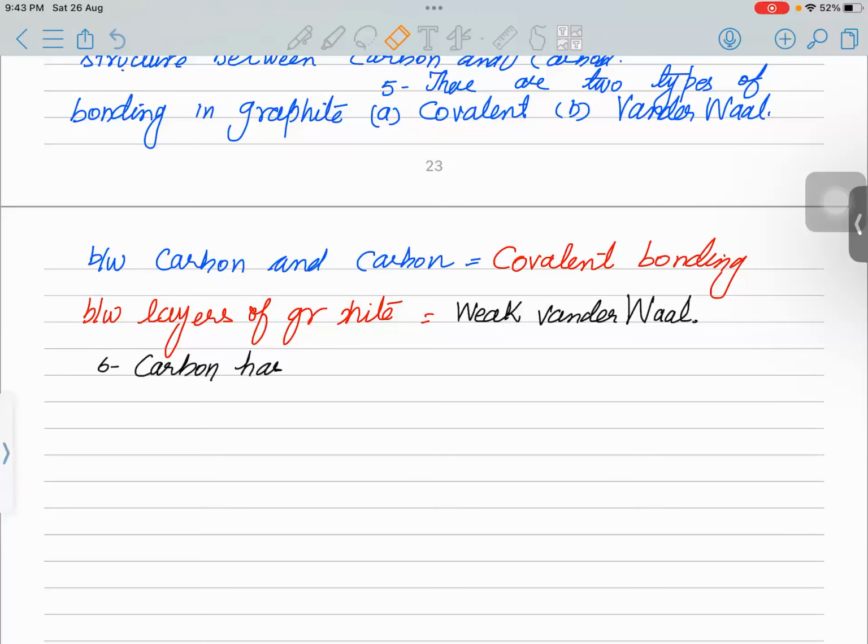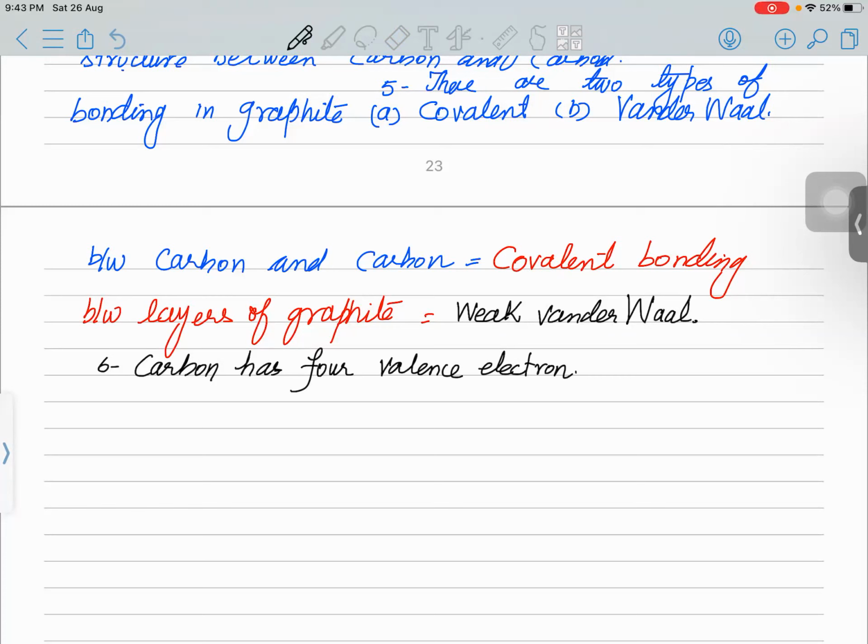Carbon has 6 or 4? Sir, 4. Carbon has 4 valence electrons.